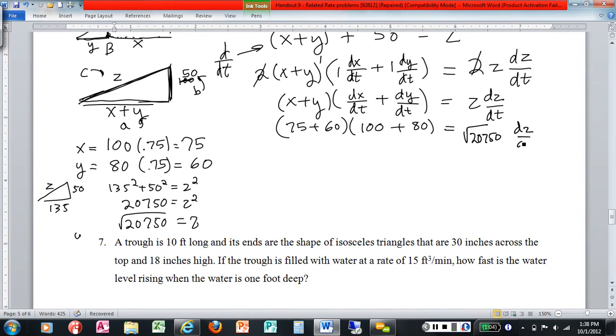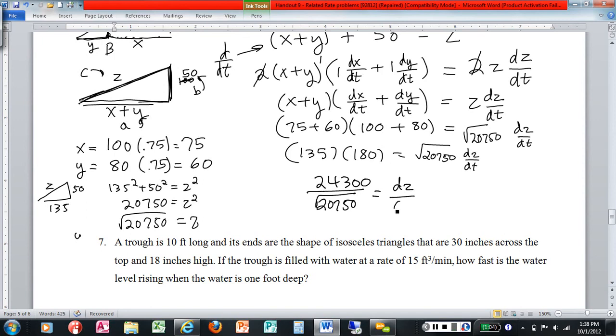So this is going to be 135 times 180 equals the square root of 20,750 dz dt. 135 times 180 is 24,300. Then I divide that by the square root of 20,750. And that's dz dt.